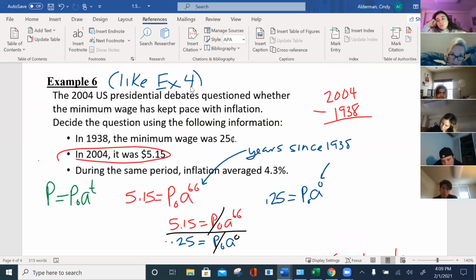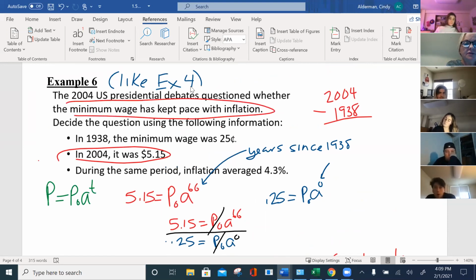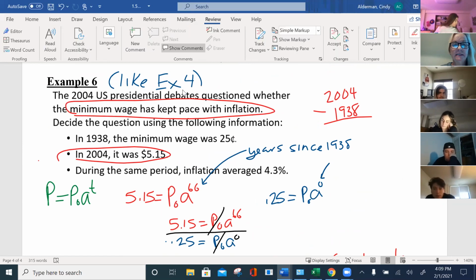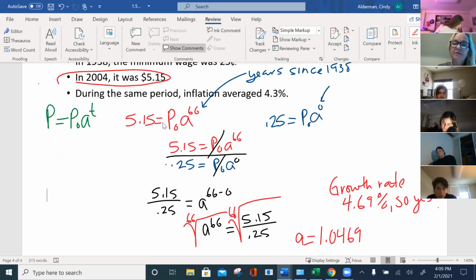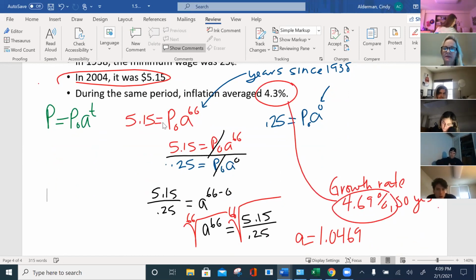Presidential debates questioned whether the minimum wage has kept pace with inflation. So since the growth rate was more than the rate of inflation, 4.69% is more than 4.3%. So you can say, yeah, it has kept pace.